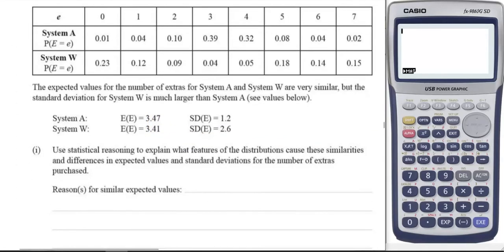Taking a look at the distribution, why do we think that would happen? These values are 3.4-ish, so it's somewhere in the middle here. And if we look at the overall distribution, it is central to the 0 and 7 extremes. Looking at the probabilities, we've got them kind of small up to big, down to small again, and System W has sort of big down to small up to big again. If you were working out the expected value, because they're symmetrical, they would both give us an expected value in the middle.